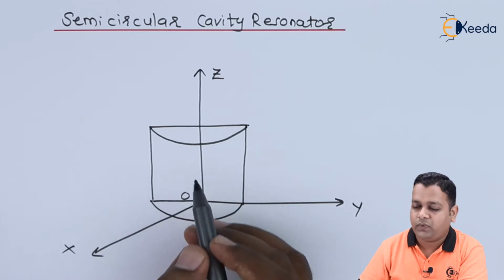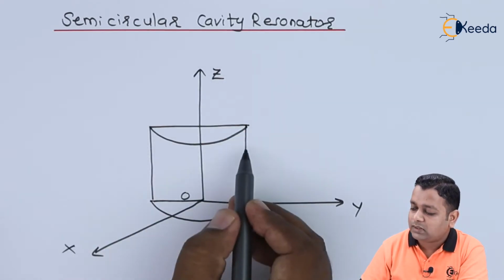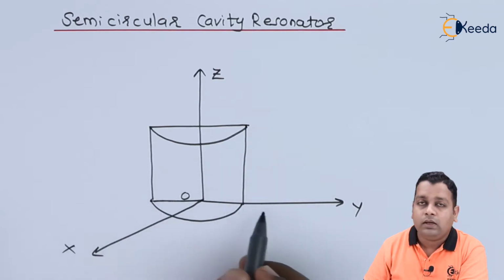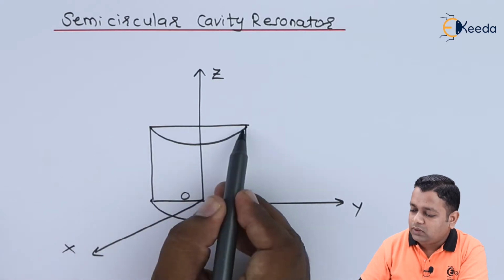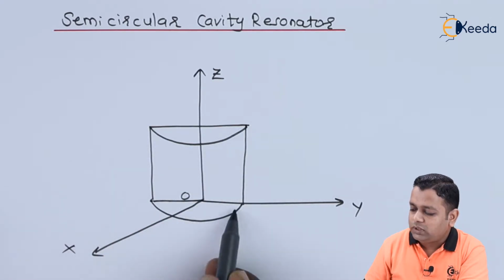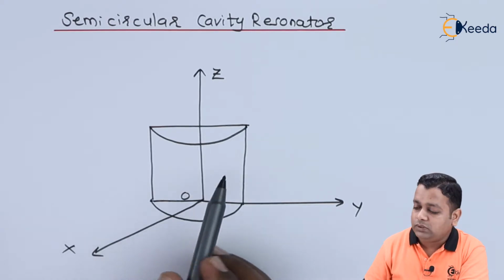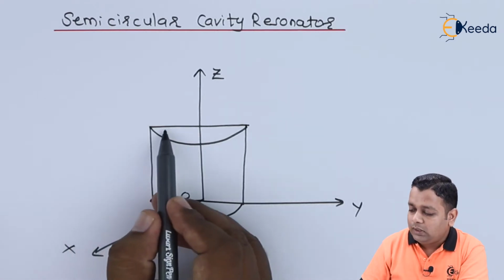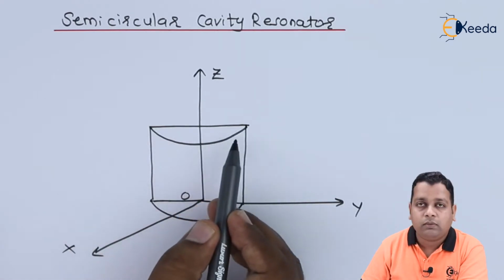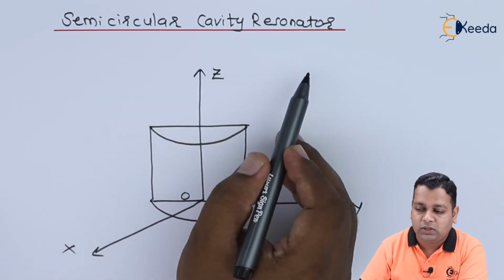Now the z axis will have the length of the cavity resonator. These semicircular shapes in this schematic diagram may first of all be open if we use this as a semicircular waveguide. When we close it by the shorting plates here, we get the semicircular cavity resonator.